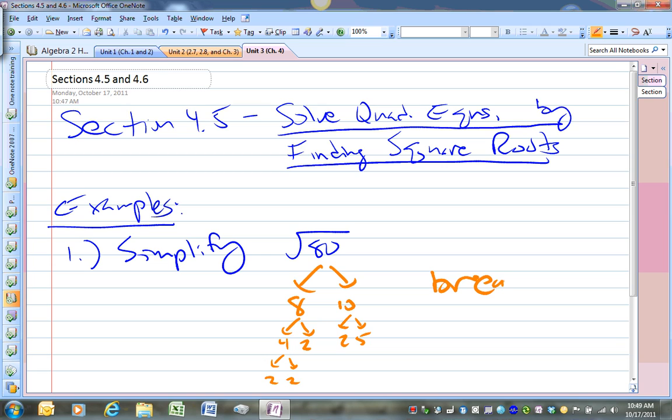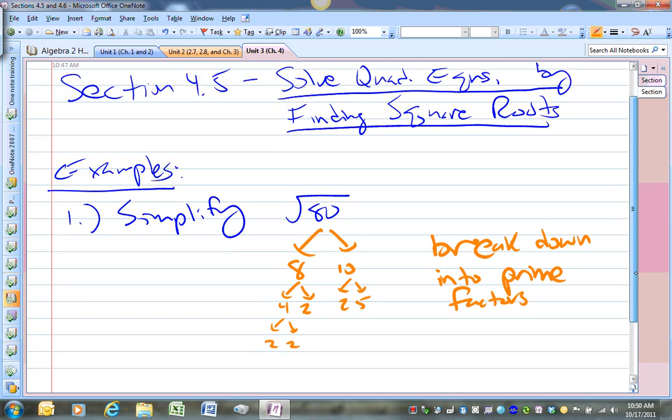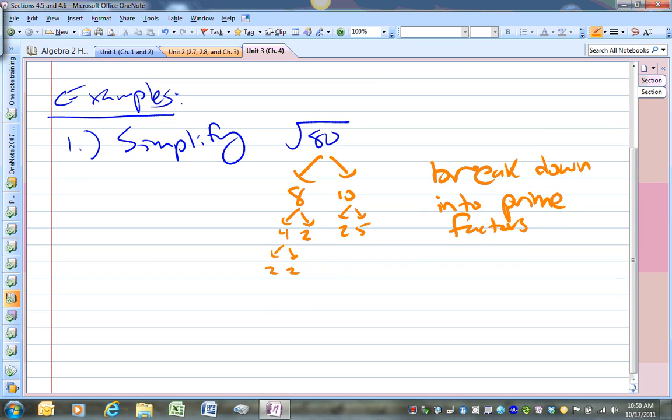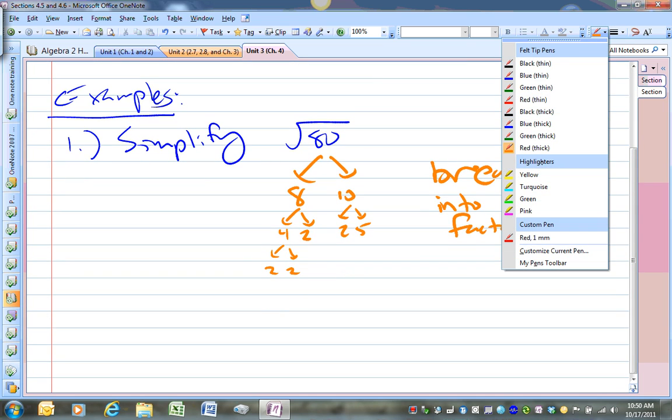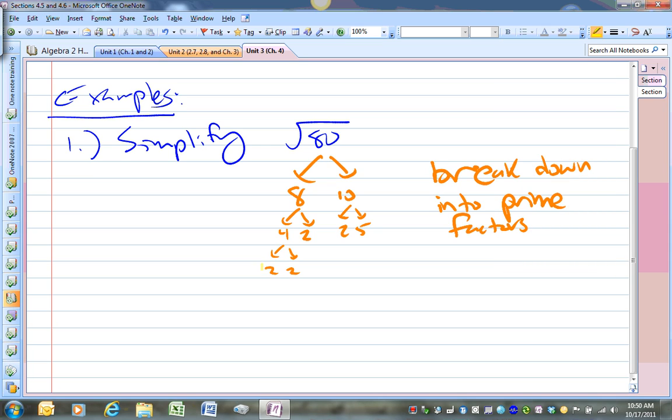Again, break down into prime factors. And what you want to do is pull these out in pairs. So let's say we have a pair of 2's here, and we have another pair of 2's.